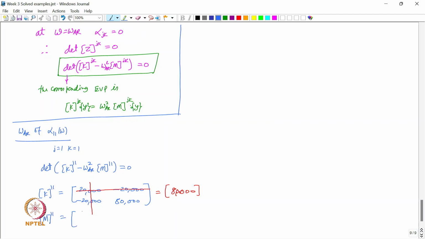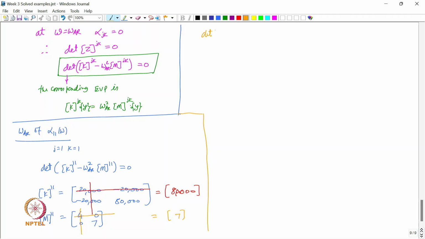Similarly, let us determine M11. Now, the M matrix was 4 0 0 7, correct. Let us strike the first column and first row, so the first row is gone and the first column is gone. So, this gives me M11, only 7 is left, correct. So, in this way we have got K11 and M11, and now we find the determinant.